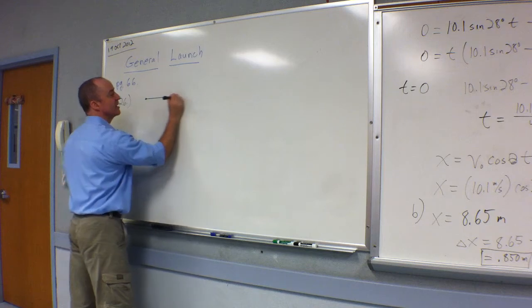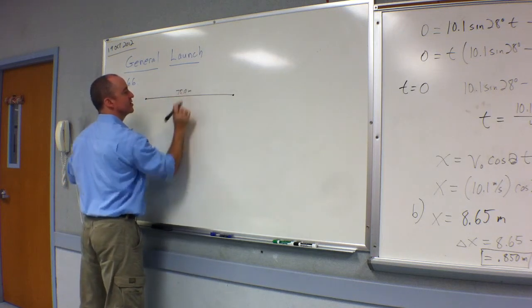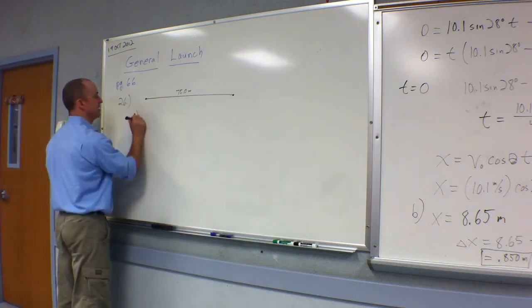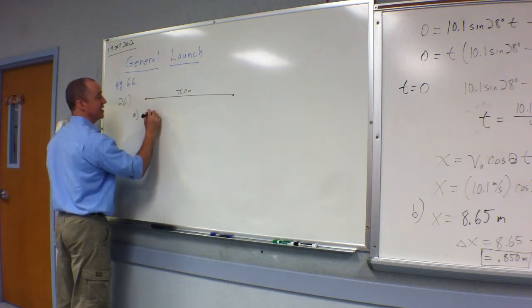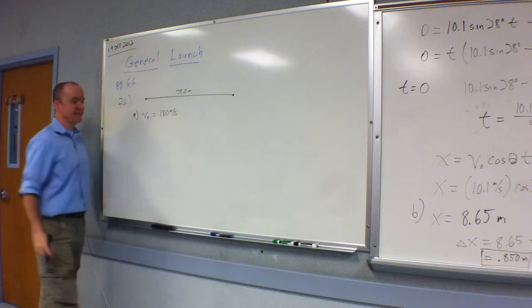Here's the hunter. Here's the target. You're 75.0 meters away. If a bullet leaves the gun with an initial velocity of 180 meters per second.